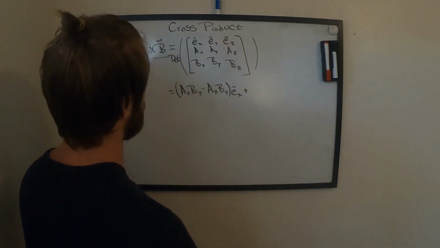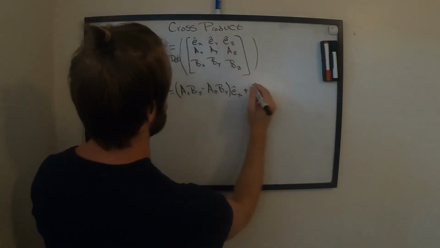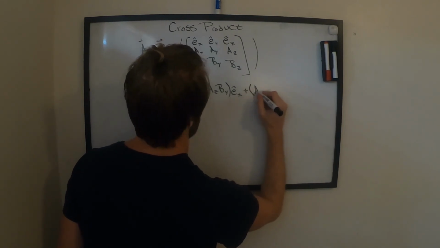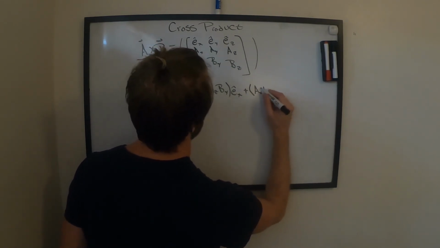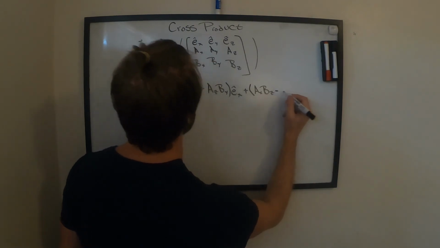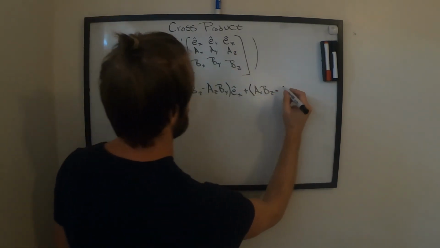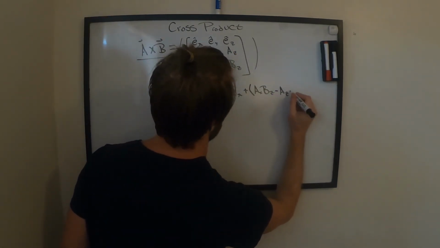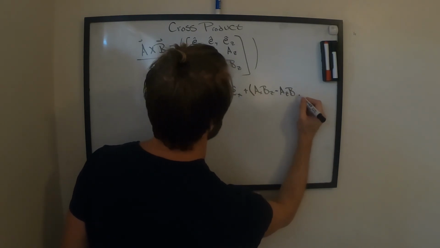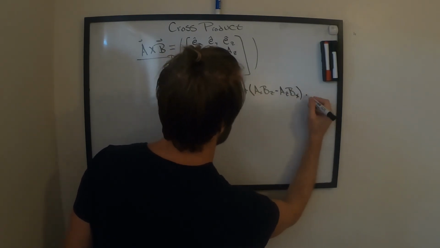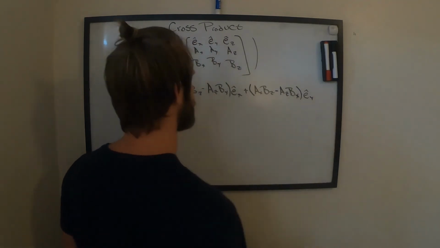Covering that up, we're doing the same exact thing: a sub x times b sub z minus a sub z times b sub x, and that is e hat sub y.